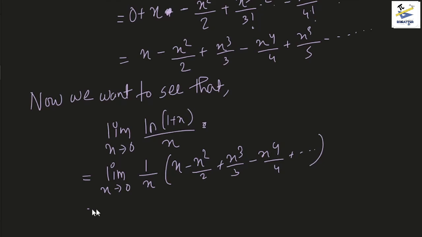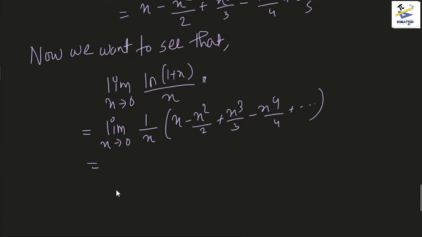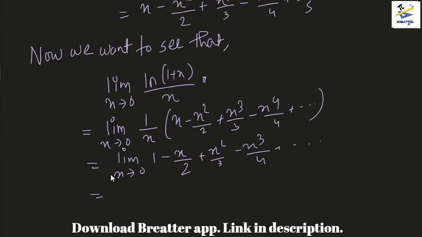Now since we know that x tends to 0 means x is not equal to 0, we can divide by x and we can find that the answer is 1 minus x by 2 plus x square by 3 minus x cube by 4 and so on, right? Now, as I know that we can always put the value of the limit whenever the function is defined.